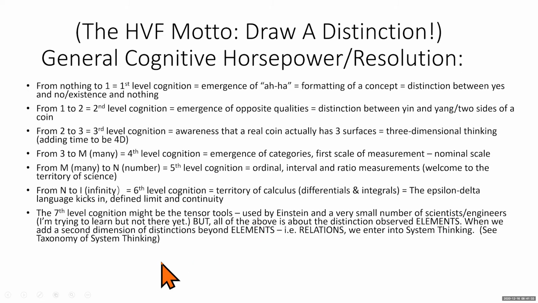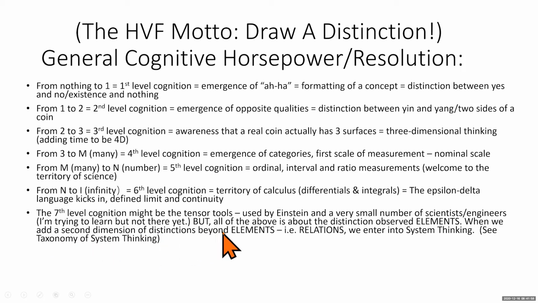Now, the seventh level cognition, maybe the highest. I'm just guessing here, so don't worry if something's wrong. The seventh level cognition might be the tensor tools used by Einstein and a very small number of scientists and engineers. I'm still trying to learn that.